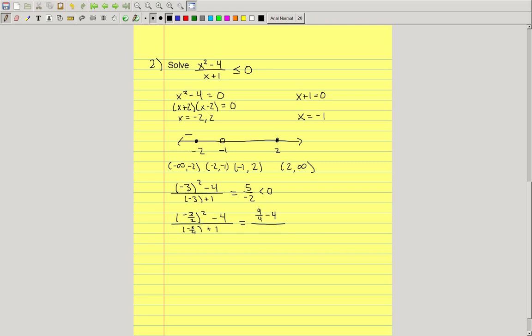And in the denominator, we have negative 3 halves plus 1, which is going to be negative 1 half, which is also negative. We have a negative divided by a negative, so that means that this value is positive. We don't need to know the actual value so long as we can determine whether or not it's positive or negative. Since I have a negative number divided by another negative number, that's sufficient.